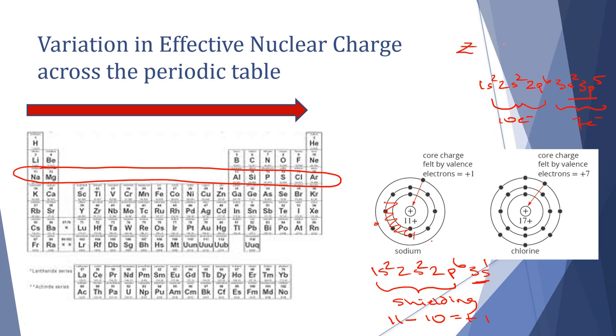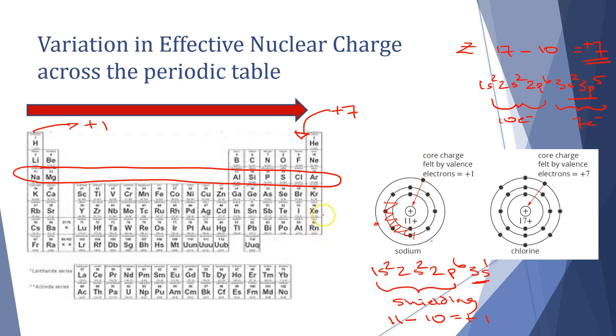So my atomic number, which is 17, minus my 10 interior shielding electrons, is going to leave me with a +7 core charge. So group 7 is going to be +7. Group 1 is going to be +1. So the group number, the same as the number of valence electrons, corresponds to my effective nuclear charge.